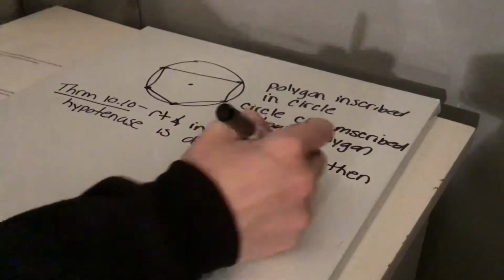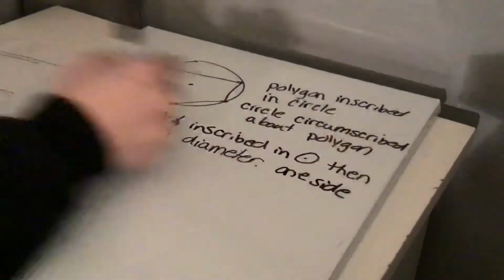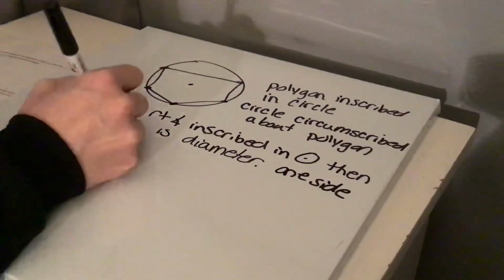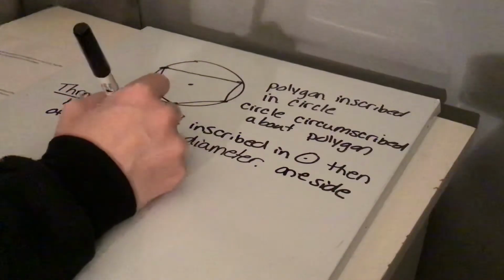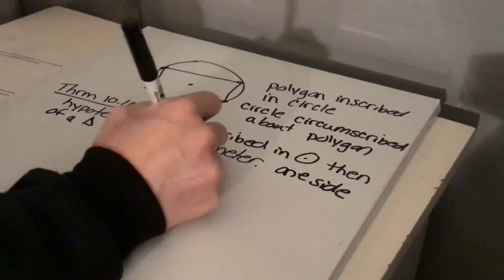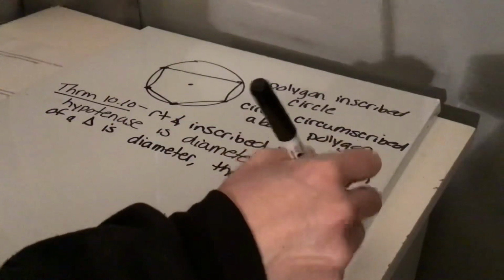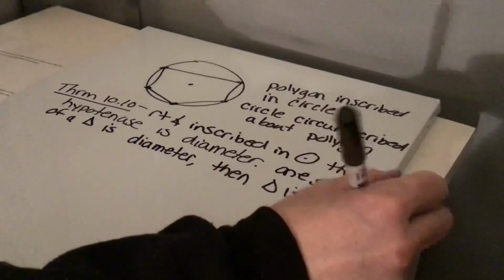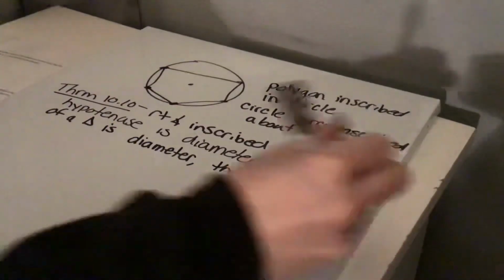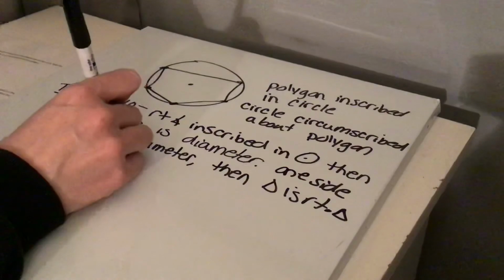And the converse of that is that if one side of an inscribed triangle is a diameter, then the triangle is a right triangle, and the angle opposite the diameter is your right angle.